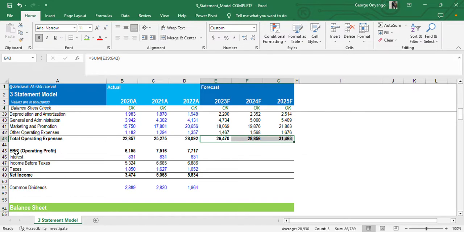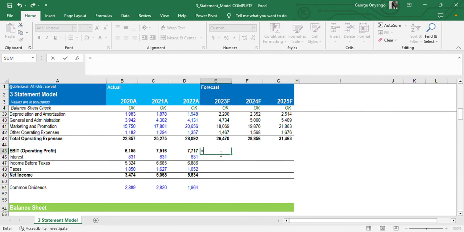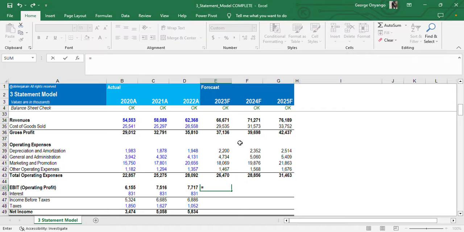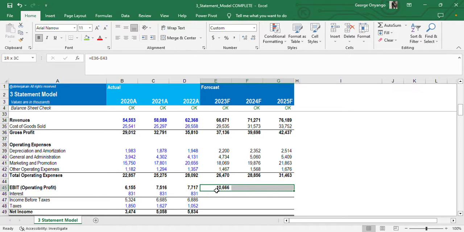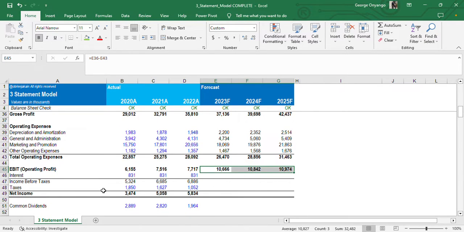Now to get the EBIT, which is the earnings before interest and taxes, we're just going to get the difference between gross profit and total operating expenses. So that is the operating profit in year 2023. Fill that right to get the forecast for the next 3 years.